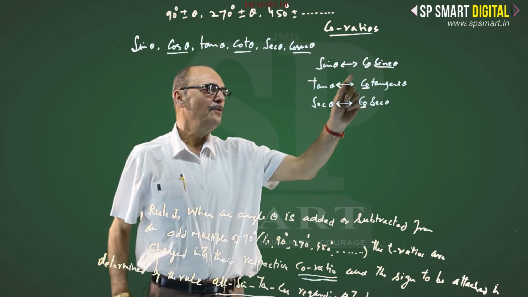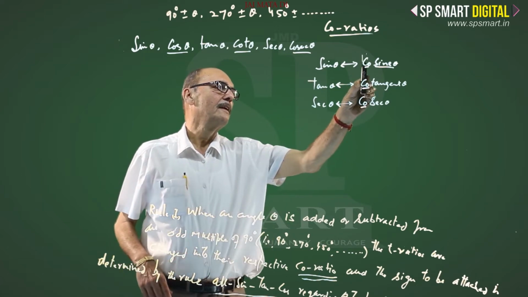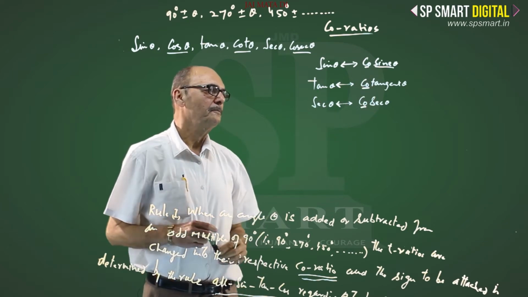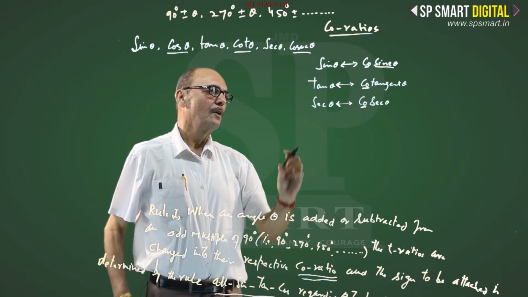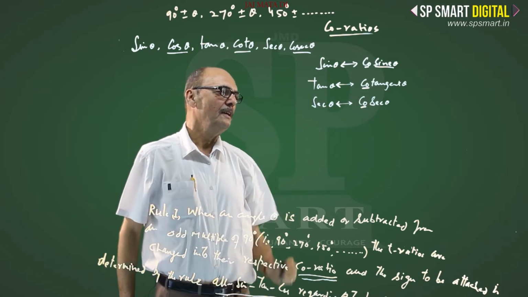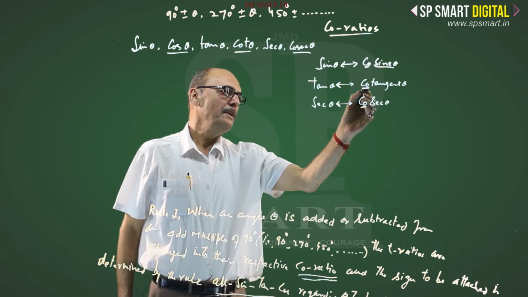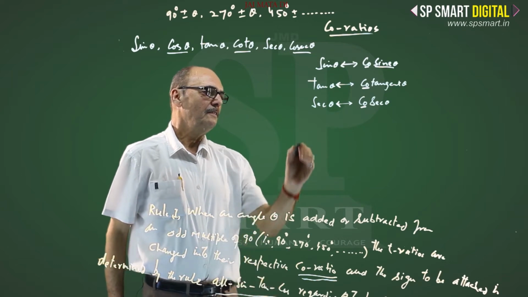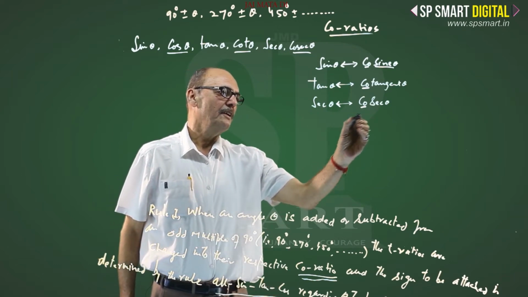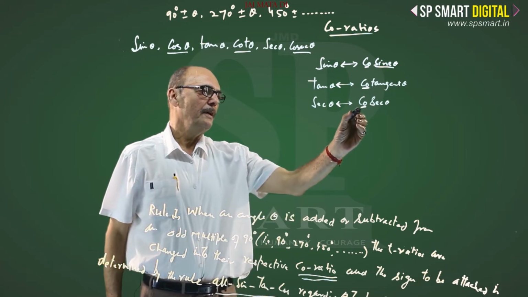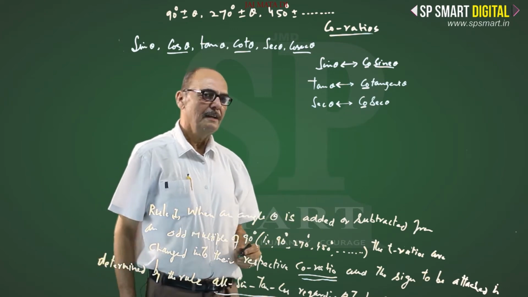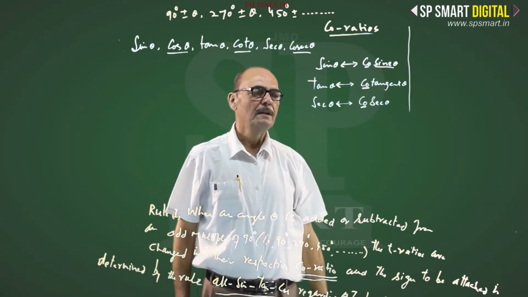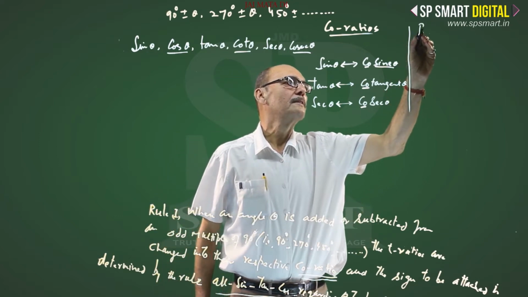And if we remove CO from here, it becomes again sine, so the co-ratio of cosine is sin theta. Likewise, the co-ratio of tan theta is cotangent theta and the co-ratio of cotangent theta is tan theta after having removed CO. Likewise, secant theta has the co-ratio cosec theta, and if we remove CO from here, it is secant of theta. Well, at this stage, the students are confused with reciprocals.